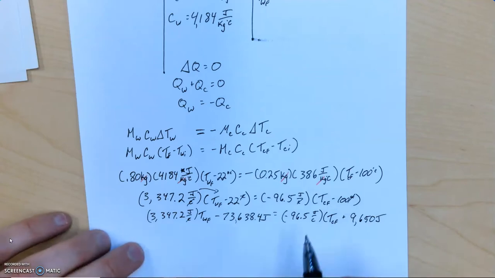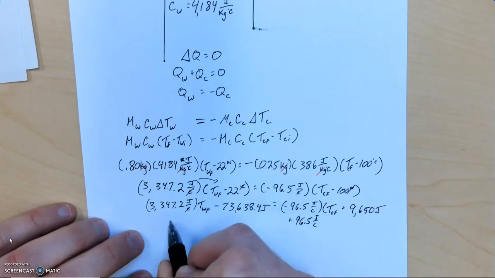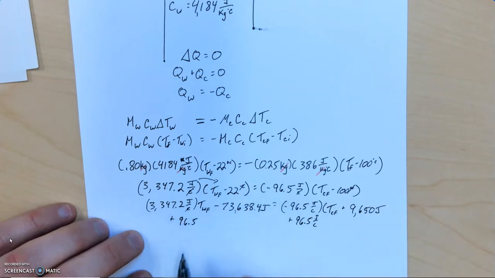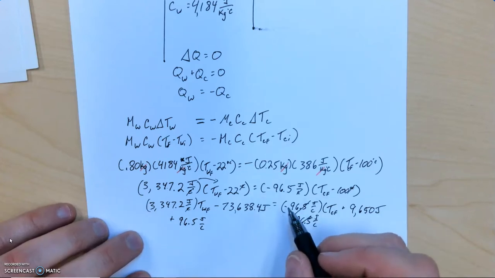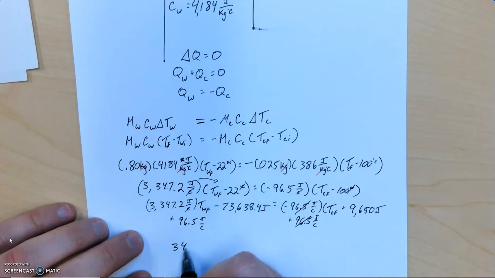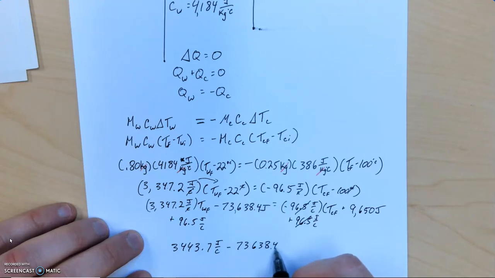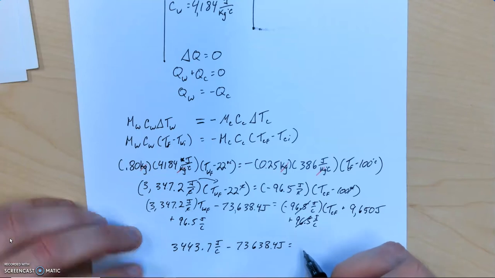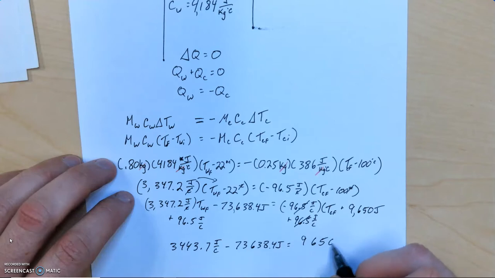Now what we want to do is move the 96.5, so we're going to add 96.5 to both sides, and they'll cancel out, and we're going to be left with 343.7 joules there, so we add those together, minus 73,638.4 joules, that's going to be equal to 9,650 joules.